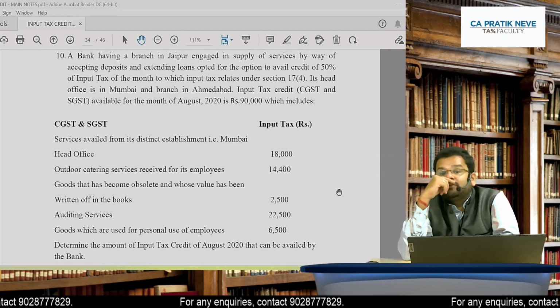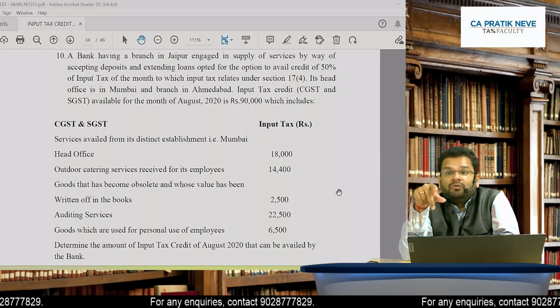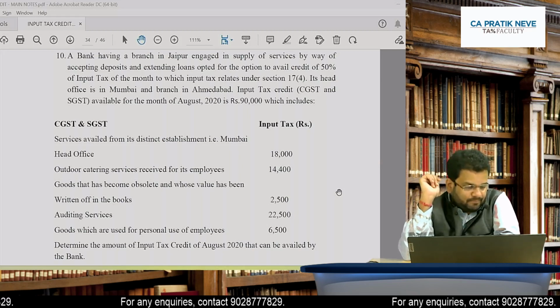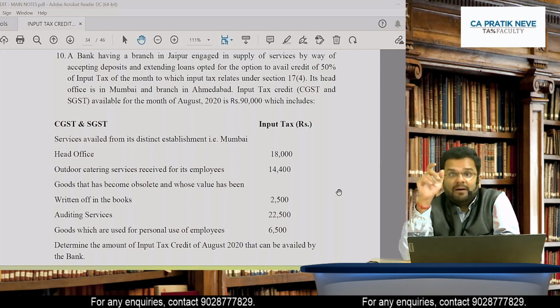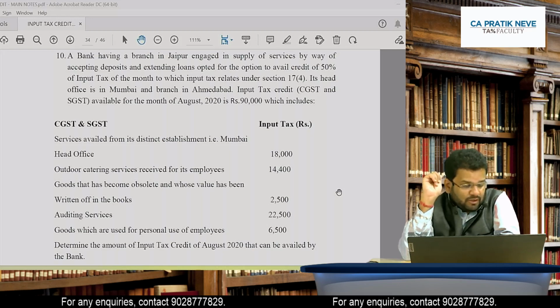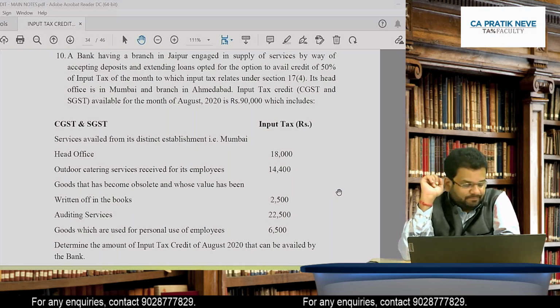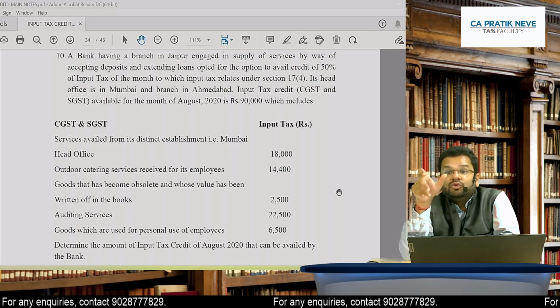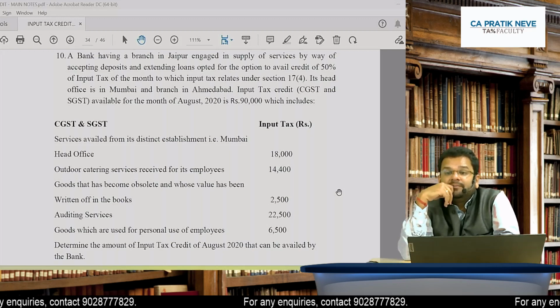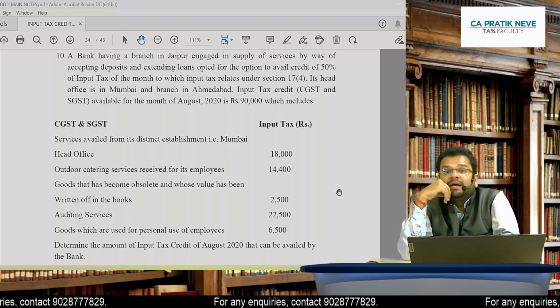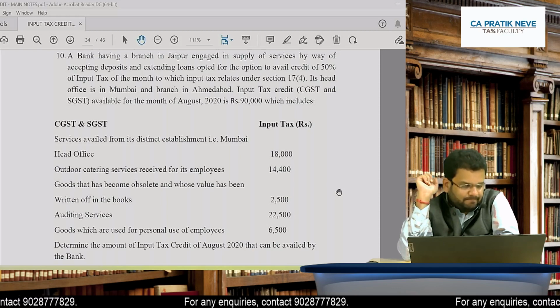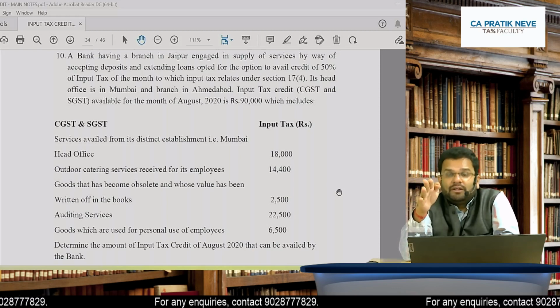So how much is finally the value on which you can claim? Very good, Ria. It is 48,600. But you know, of this 48,600, you can claim to the extent of 50%. Very good, Vansh.